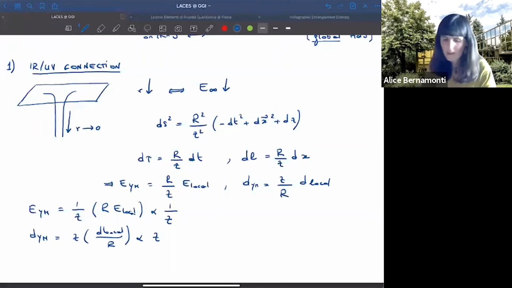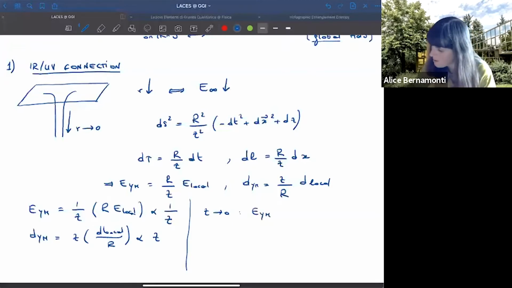We see that if we send z to 0, so if we approach the boundary, this corresponds to large energies as measured in the boundary theory and short distances. So from the super Yang-Mills point of view, this is a UV process.